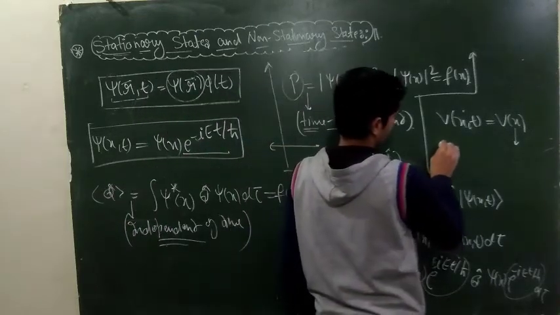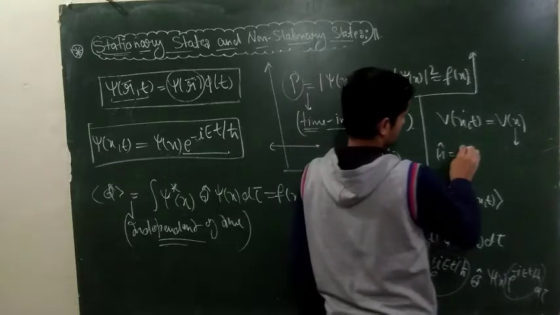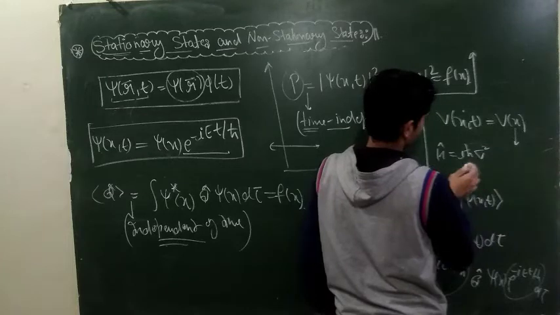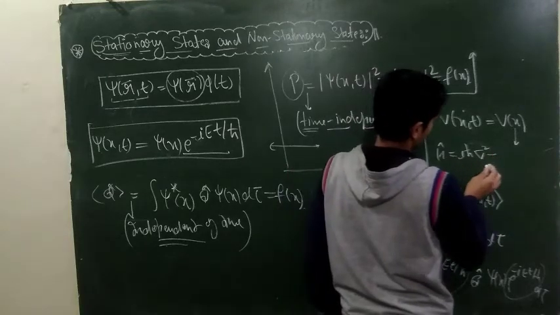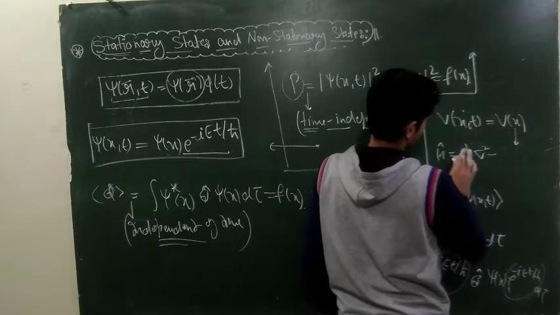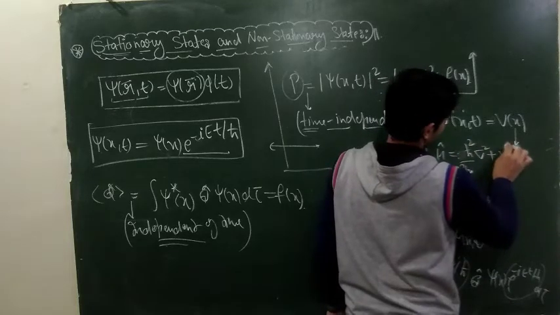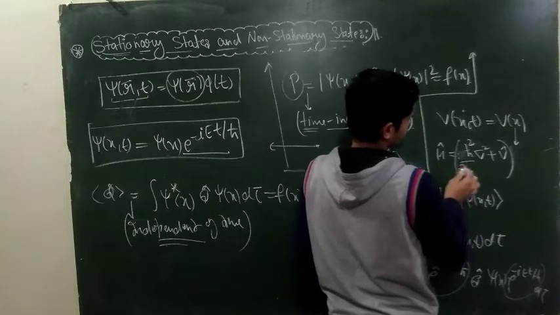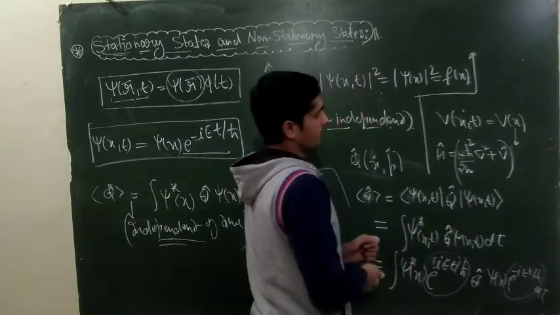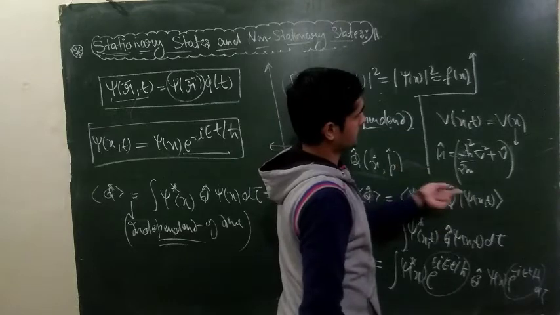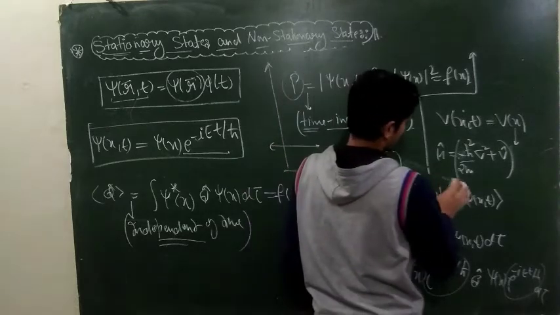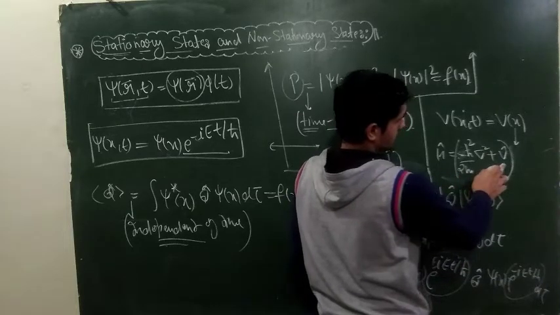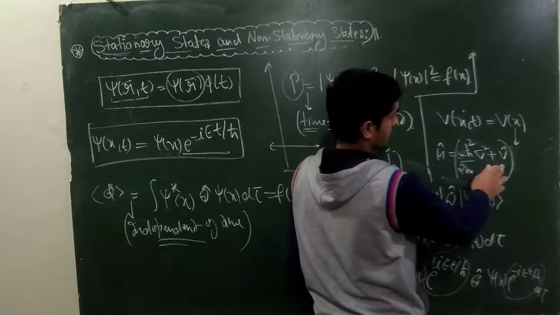One more thing, the Hamiltonian of any system, if you are just writing the operator part, is like this. So the Hamiltonian for any quantum system is this, and it is time independent if the potential of the system is time independent.